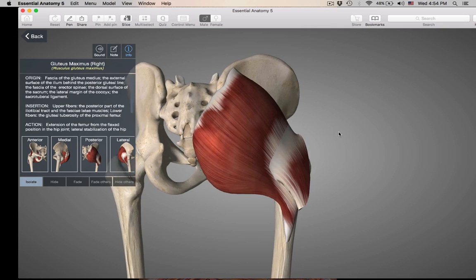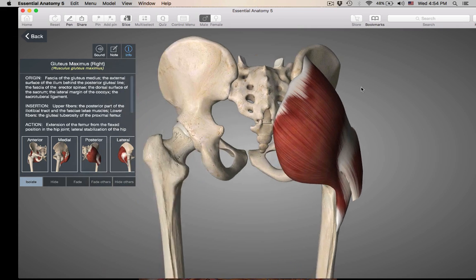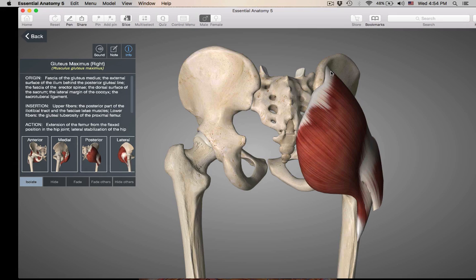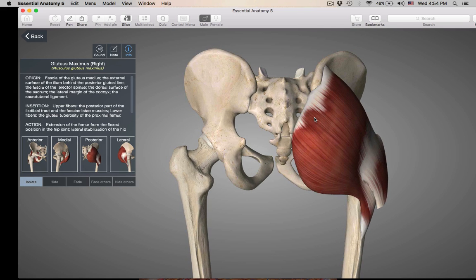Its origin is going to be on the iliac crest in the sacrum area here, and its insertion is going to be just below the greater trochanter over here.